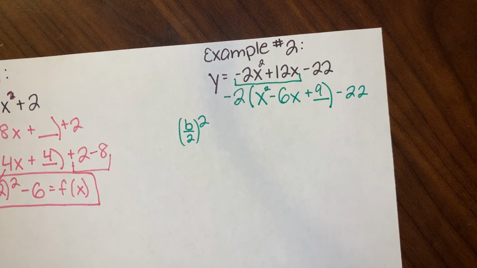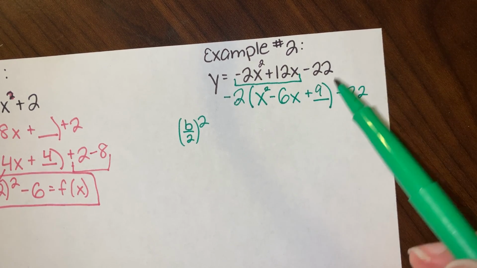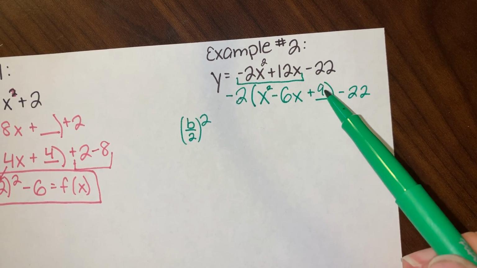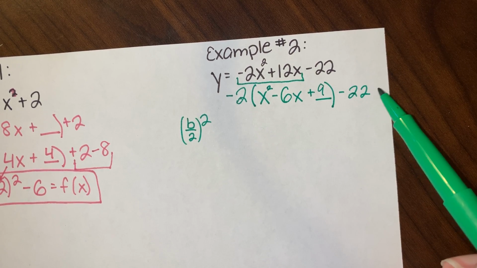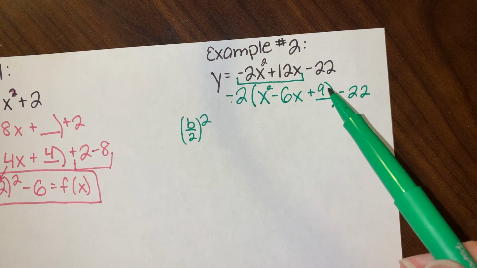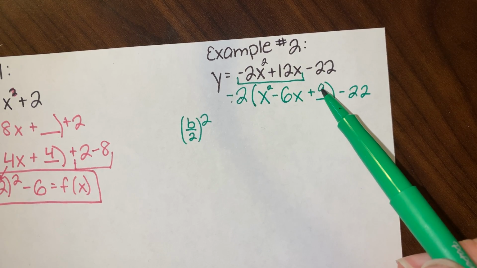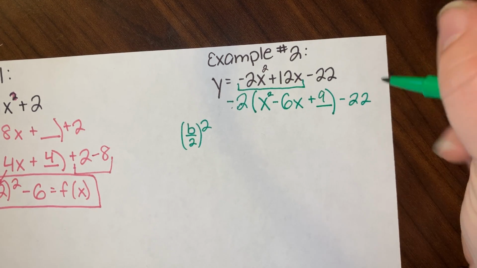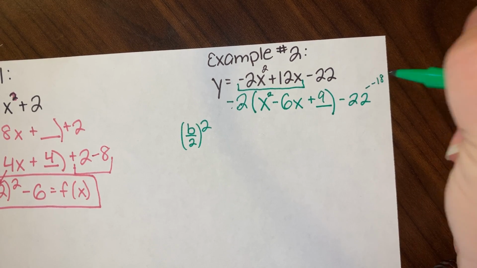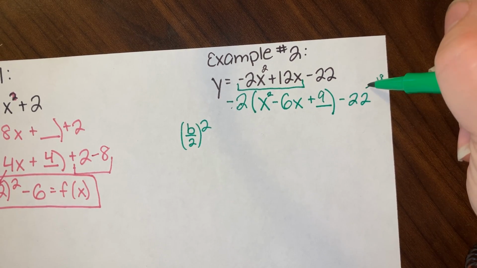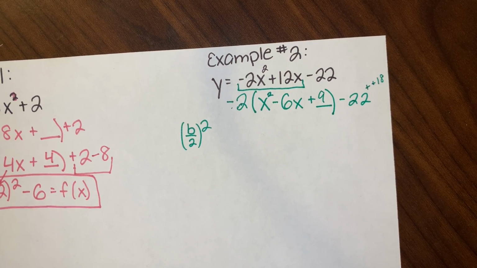Again, I have to keep it balanced. Because I put a +9 inside the parentheses, I'm not just subtracting 9. I have to do -2 times 9, which is -18. So technically I'm subtracting -18, which, if we know our integer rules, is the same thing as adding +18.